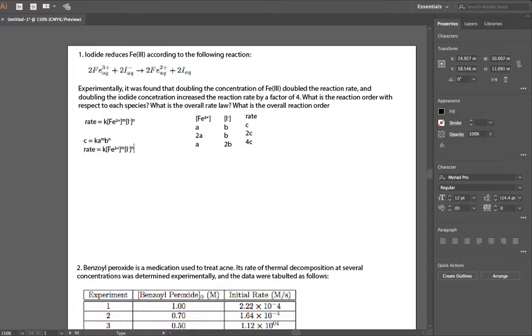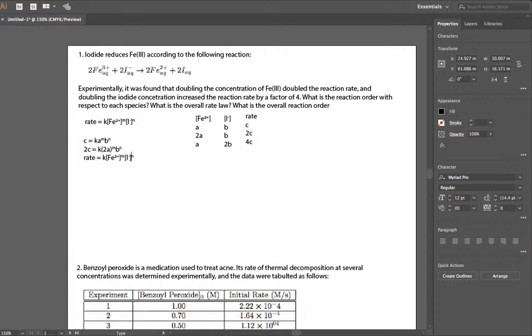The second data that we got was 2C, that is the rate of the second data, equal to K, a constant, multiplied by the concentration of Fe3+, in this case 2A. Don't forget to put a bracket around it, and then you multiply that by the concentration of iodide, which in this case is B to the power of N.